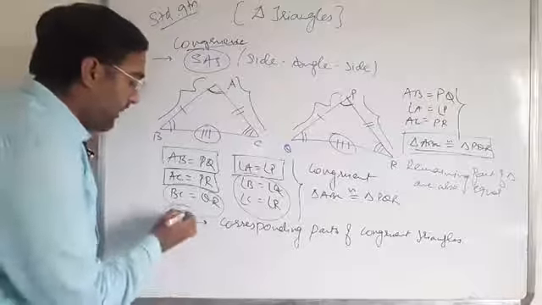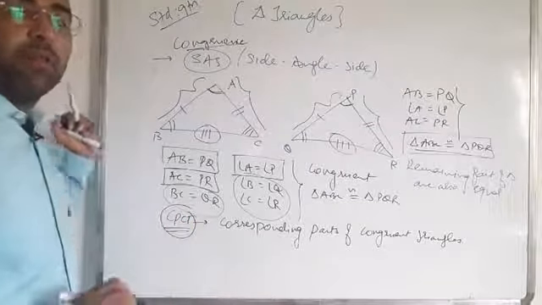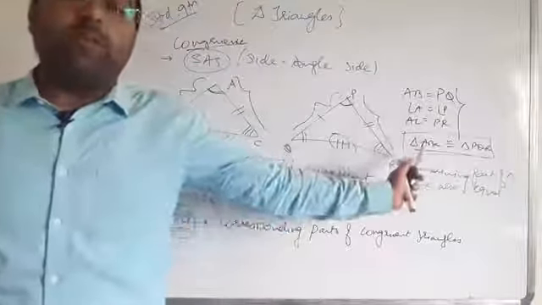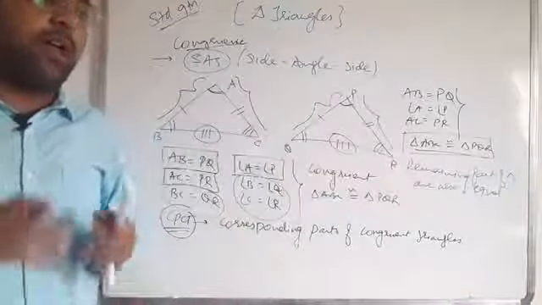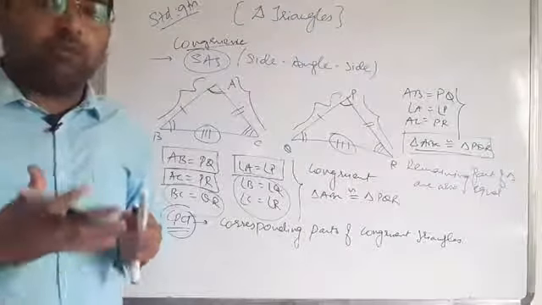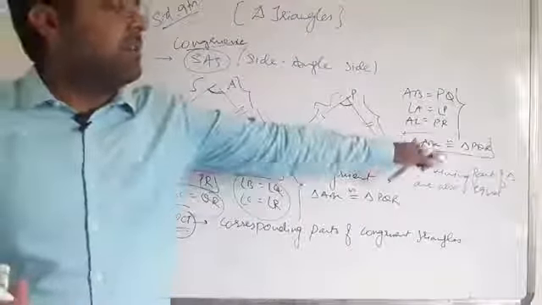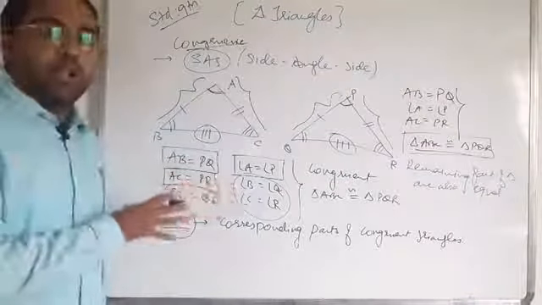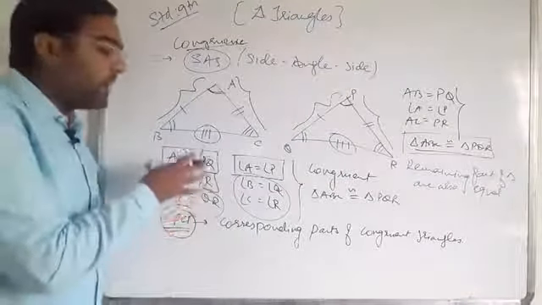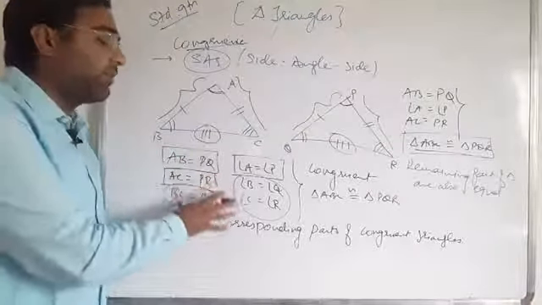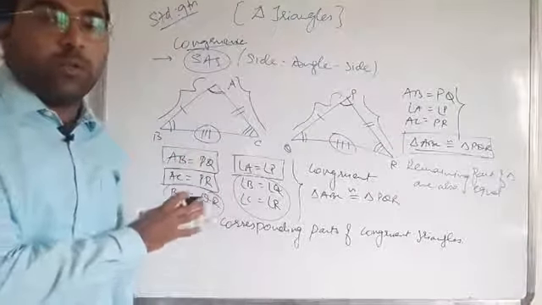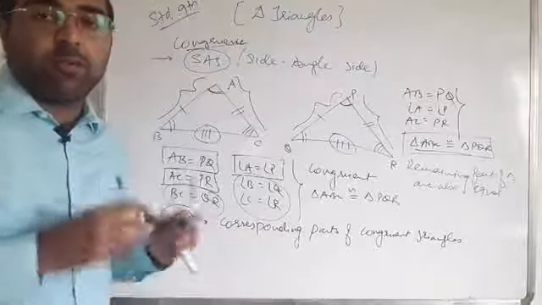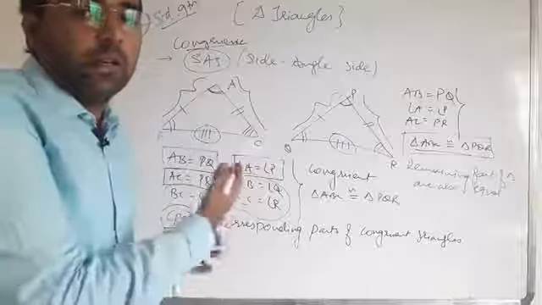Then I'll write by the CPCT rule, by the corresponding parts of the congruent triangles. I'll repeat one thing again and again: if both triangles are congruent, then the remaining parts of the triangles are also equal to each other, with their corresponding sides and corresponding angles of the other triangle.